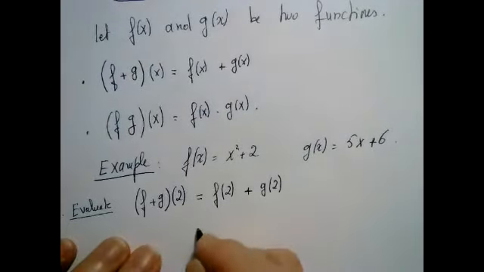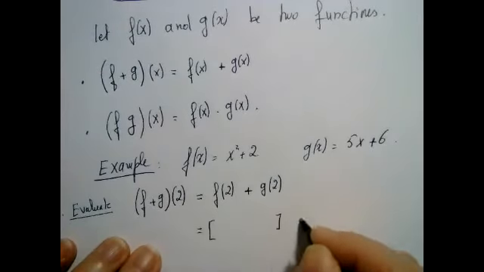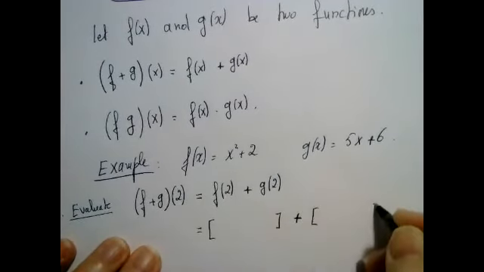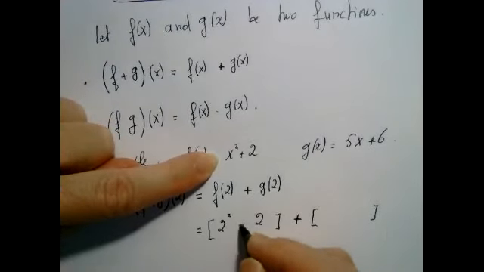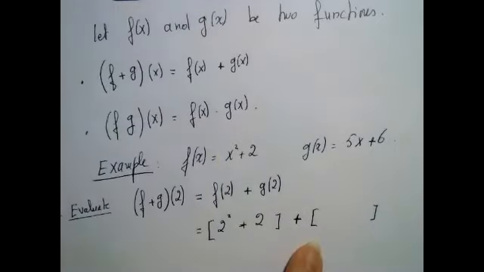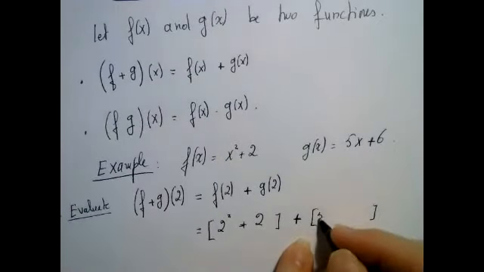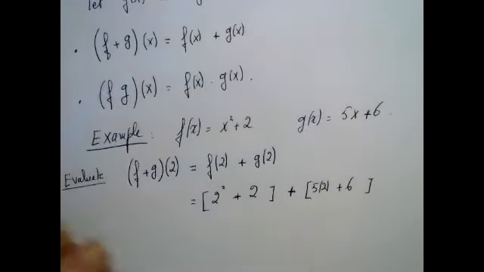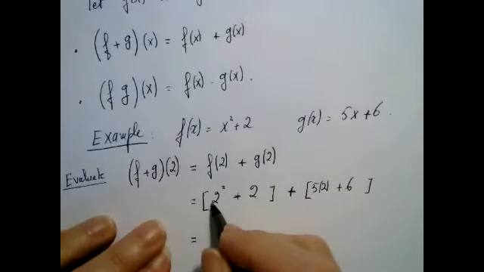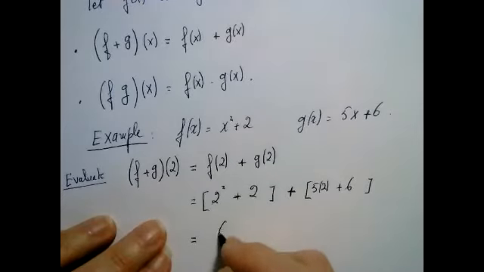All right, so what is f of 2 now? And you add g of 2. What does f do? Takes the input, squares it, and adds 2 to it. What does g do? It takes 5 times the input and adds 6 to it. So this will give me 4 plus 2, that's a 6.